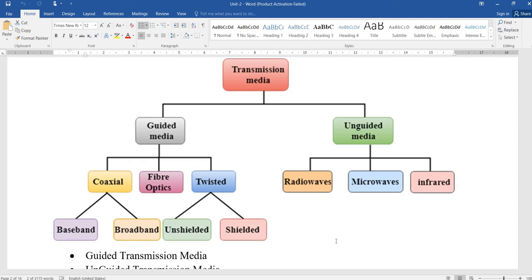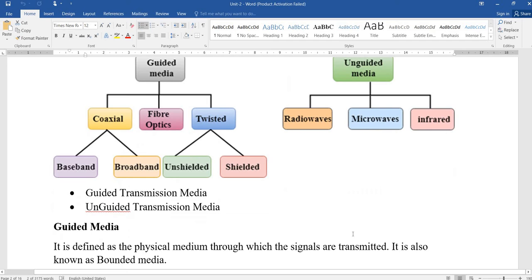In twisted pair, we have shielded and unshielded twisted pair. Under unguided media, we have microwave, radio wave, and infrared. All these come under unguided media. Guided means wired, physical connections, and unguided means without physical connections. This is wireless; all are wireless.